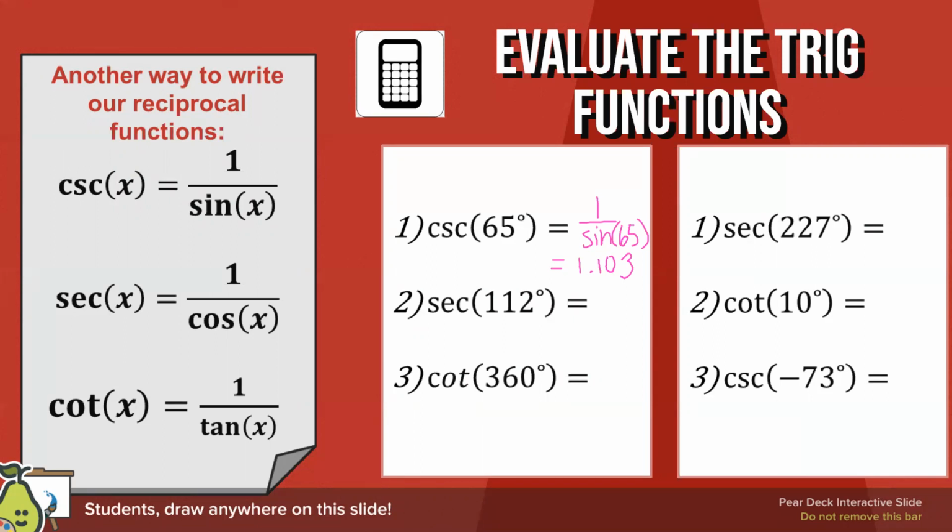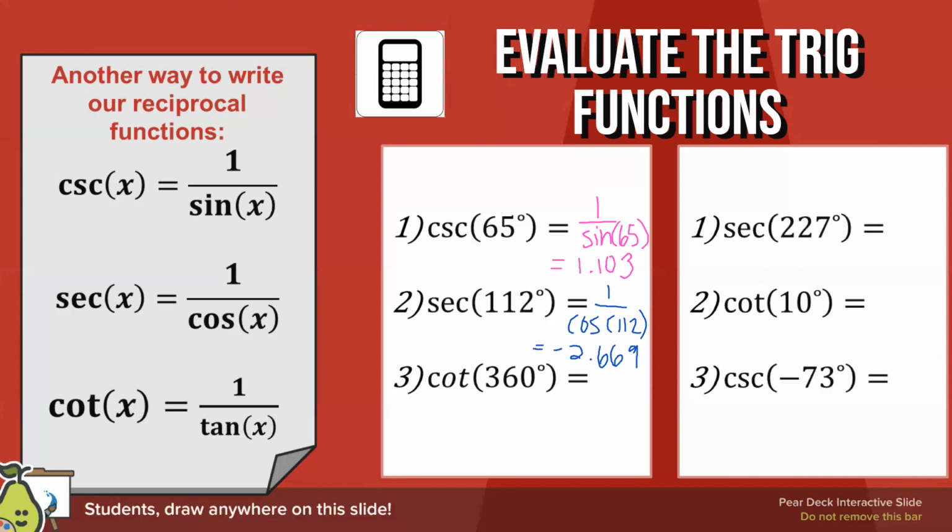So we're going to do the same thing for secant. Secant is defined as 1 over cosine. And then we just punch this in our calculators. 1 divided by cosine of 112 is negative 2.6694. Leave it rounded at negative 2.669.